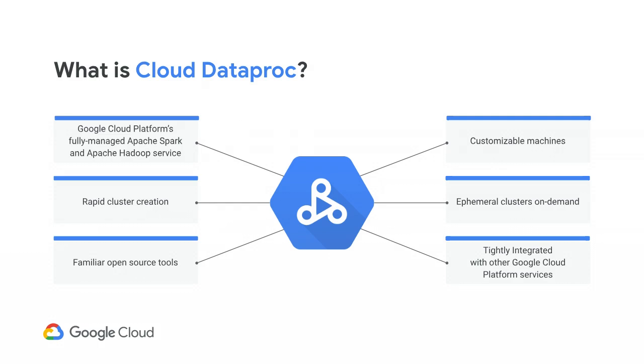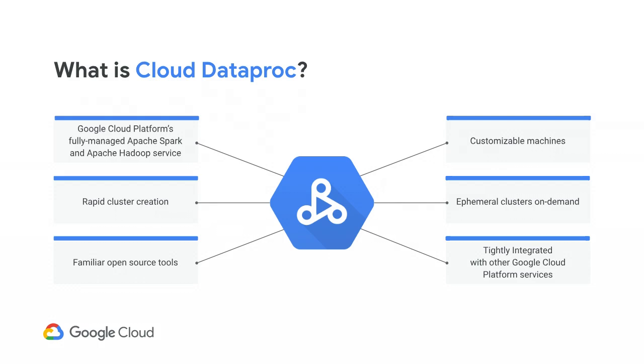We are letting you run all of your existing open source software, but still modernizing your stack as we do this. And we give our Cloud Dataproc customers a lot of flexibility in how they choose to run the Dataproc service. So we expose a lot of knobs. Now, we try to put sane defaults on those knobs, so if you don't want to deal with that, you can just go and get started very easily.